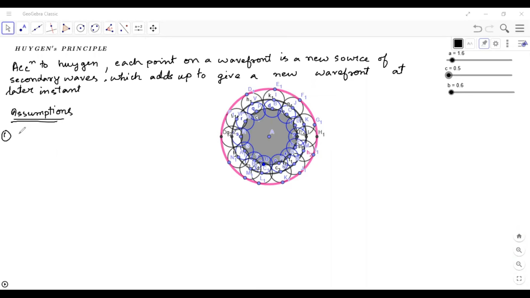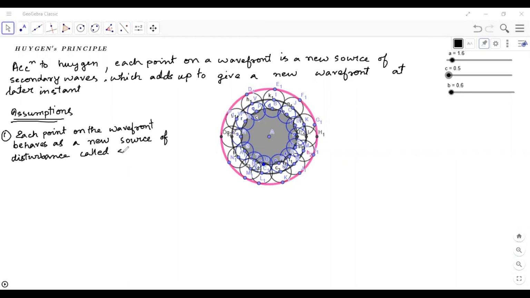So first of all, our first point is, each point on the wavefront, any wavefront, behaves as a new source of disturbance called secondary waves or wavelets.